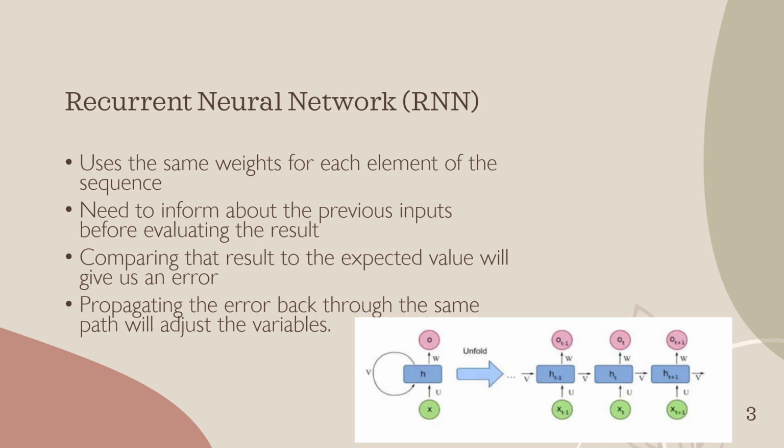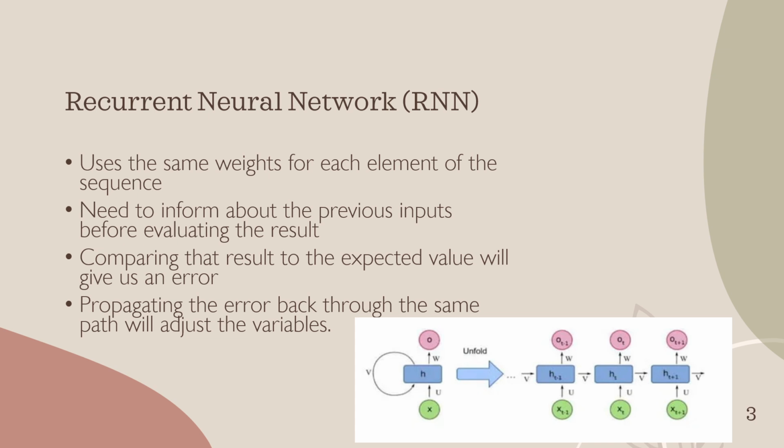Next we go up with some more key features of the RNN. It uses the same weights for each element of the sequence, as you can see in the diagram. It needs to be informed about the previous input before evaluating the result.